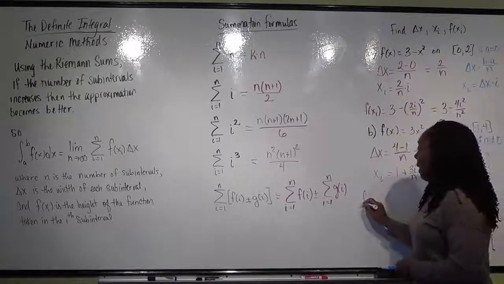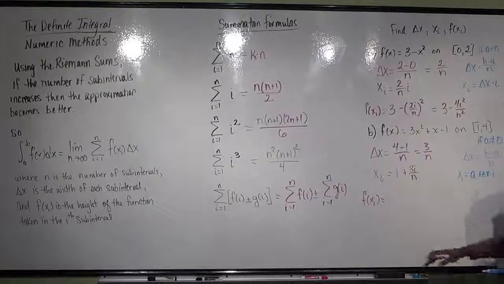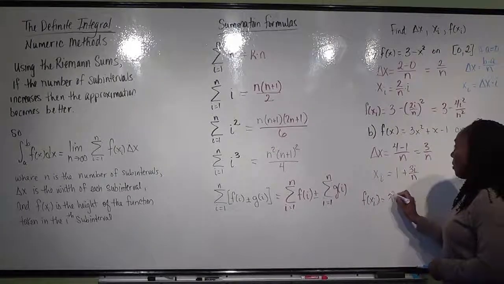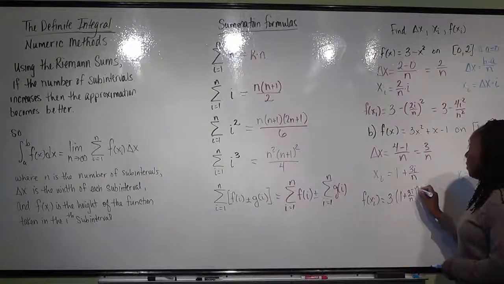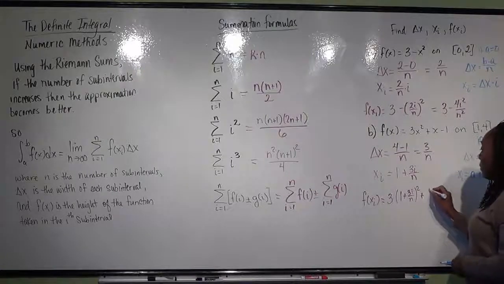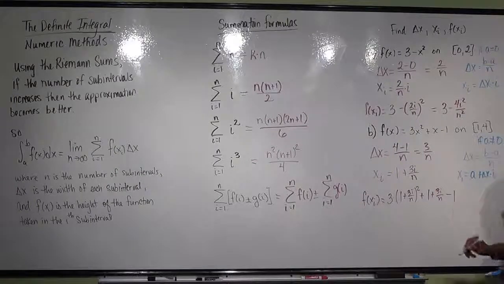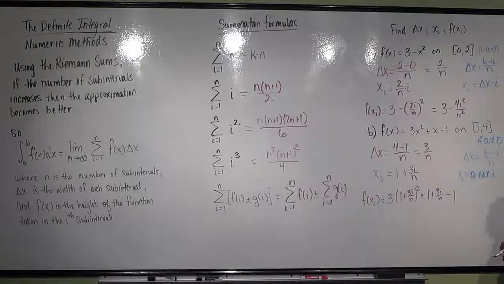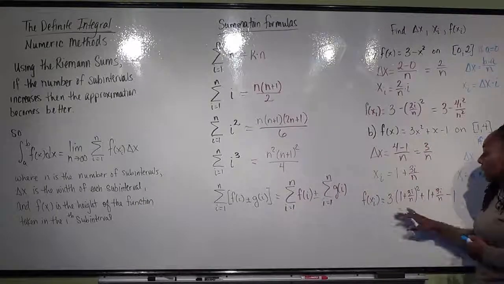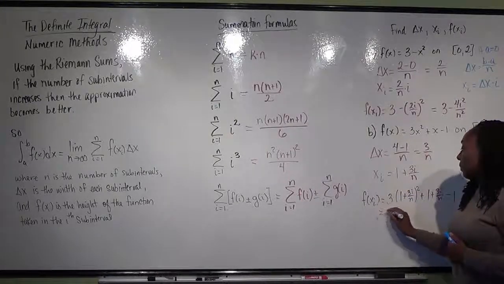My f of x sub i, same thing. I'm just going to take that and plug it into my function. So we'll get 3 times quantity 1 plus 3i over n squared plus 1 plus 3i over n for the x, minus 1. And again, before I go on to use my summation formulas or write out that limit, I'm definitely going to want to simplify this. So that means multiplying out.